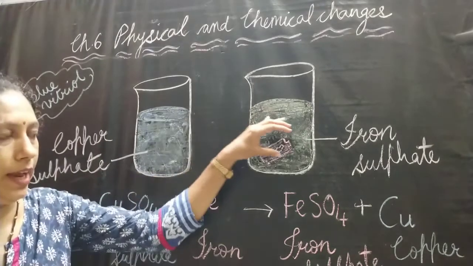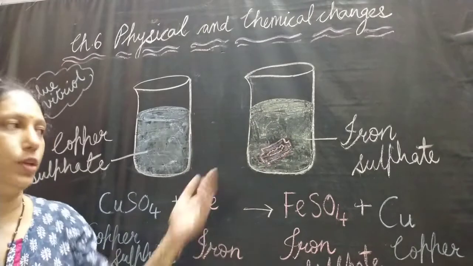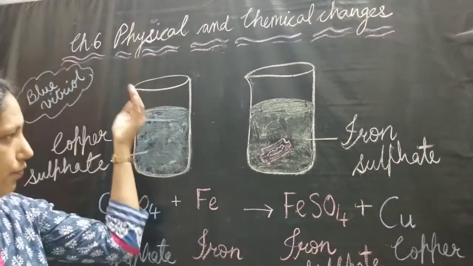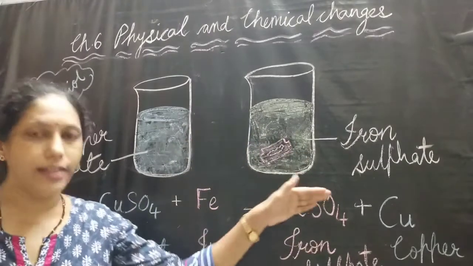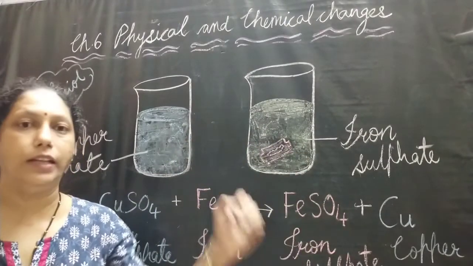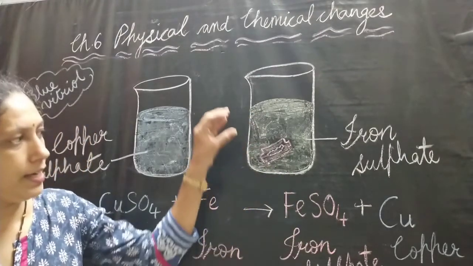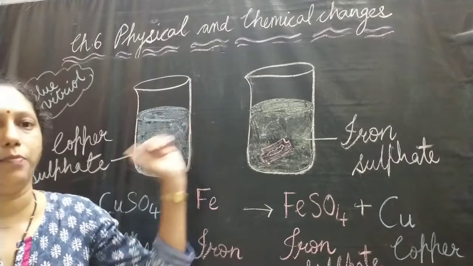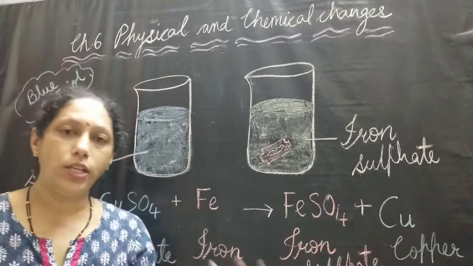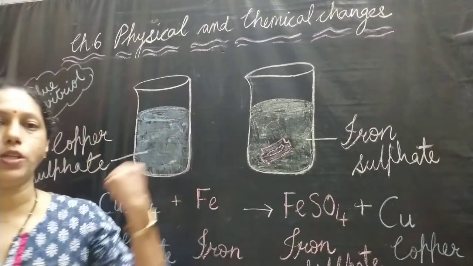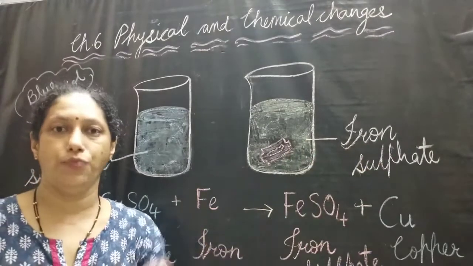When iron, meaning the blade, is kept in that solution, a reaction occurs between the copper sulphate and the blade, and ferrous sulphate, or iron sulphate, is formed, which is green in color. The blade is turning brownish in color. That brownish substance is copper. So here two new substances are formed: ferrous sulphate and copper.